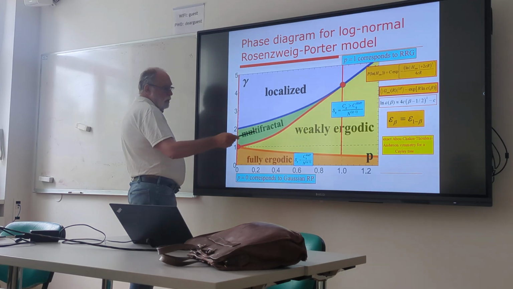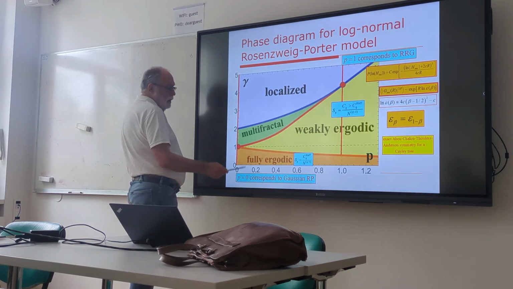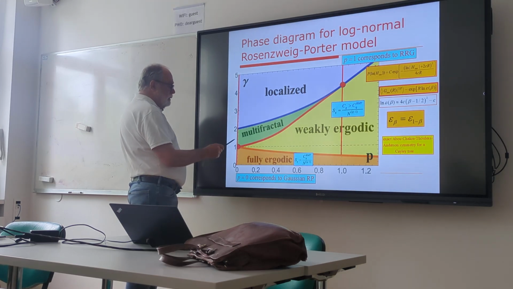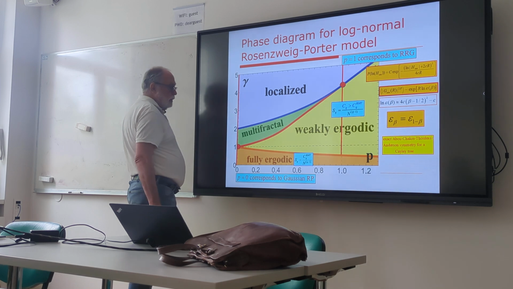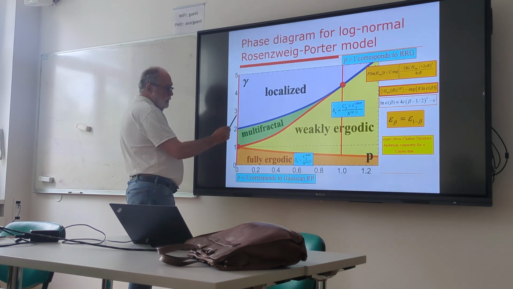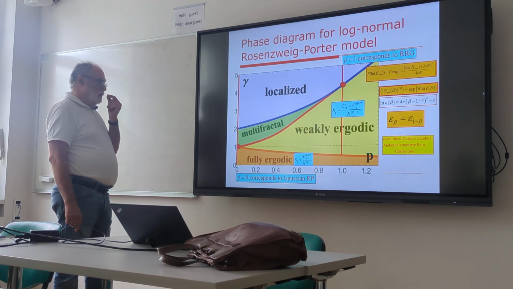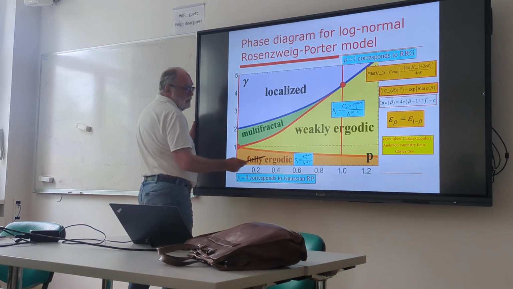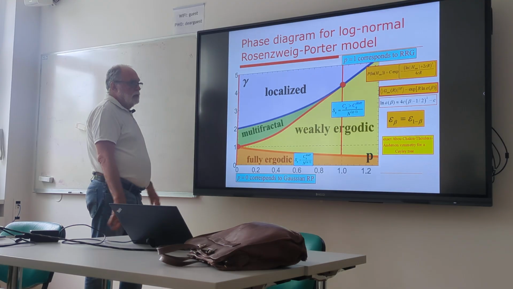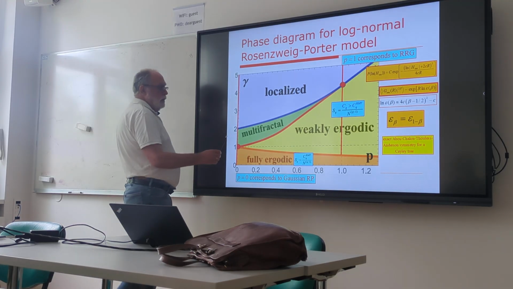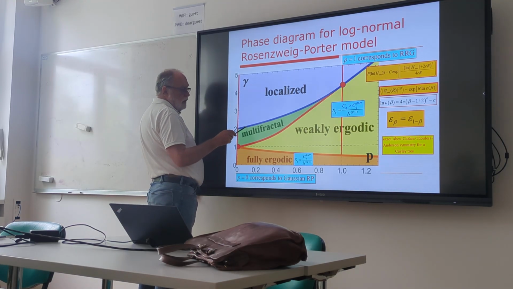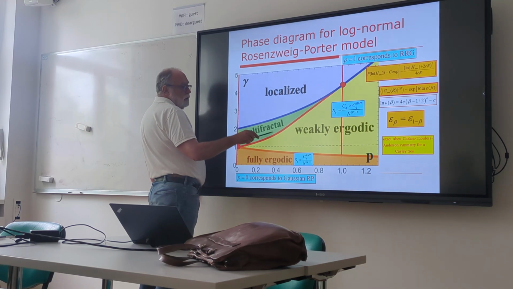So when gamma is from 0 to 1, we have a fully ergodic case like Wigner-Dyson. Then from 1 to 2, we have a multifractal phase, and then we have a localized phase. So this is the case equivalent to Gaussian Rosenzweig-Porter. But then what happens as I increase the thickness of the tails, the region of the multifractal phase is shrinking.